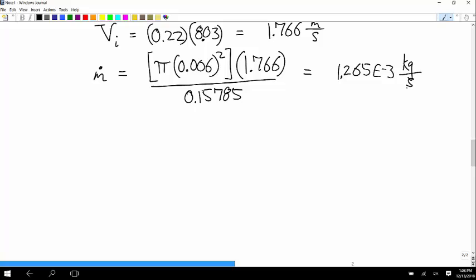And now that we have that, okay, so we haven't used entropy at all yet. Now we're going to have to use the control volume entropy balance.